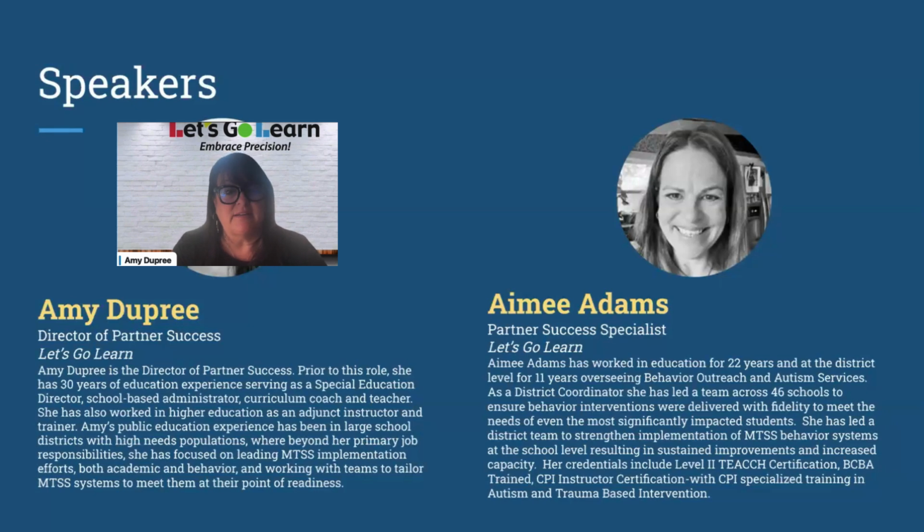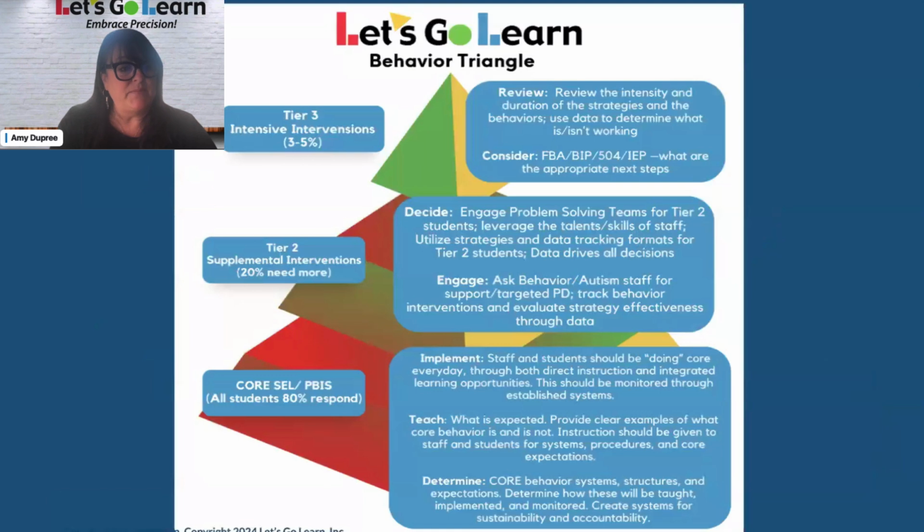We will start today by sharing our triangle with you. It's very similar to the academic MTSS triangle that everyone is familiar with, and the purpose for this triangle is the same as the academic triangle. The goal is to teach at core, to intervene in the tiers, and to use data to drive decisions as you move students through the tiers, whether you move them up into intervention tiers or back into core because they've been successful with interventions.